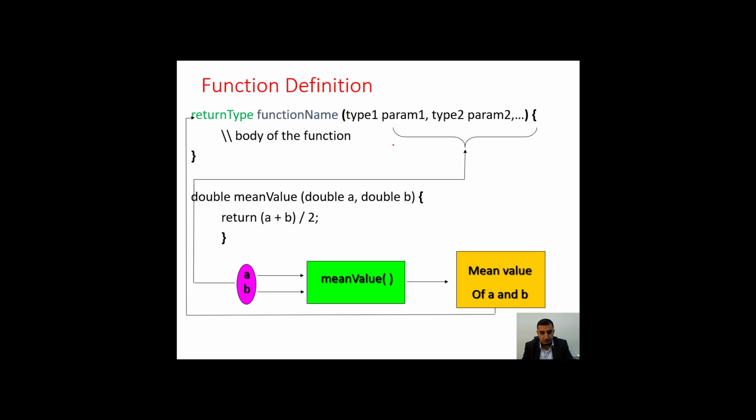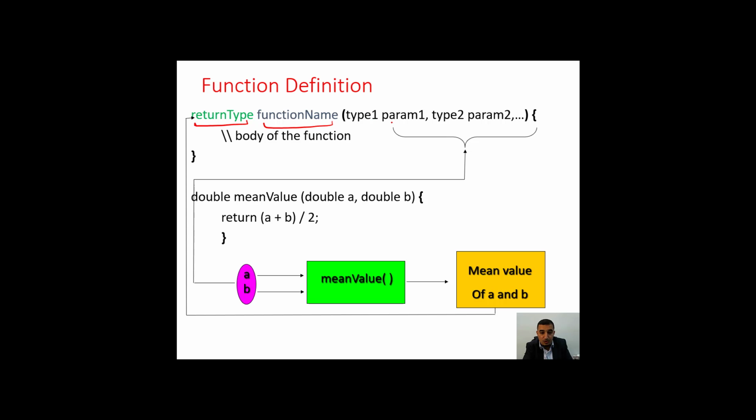So first of all, we have our function. We need to know what the return type is. What is this function going to return? Is it going to return a double? An integer? A character? Is it going to return nothing? Then we have the function name, and we should not use any reserved words.